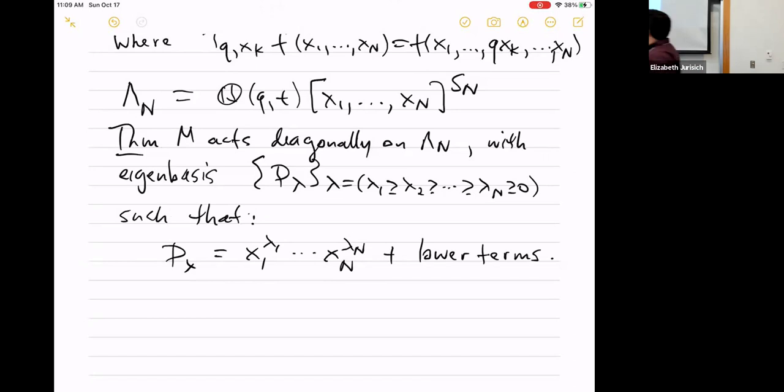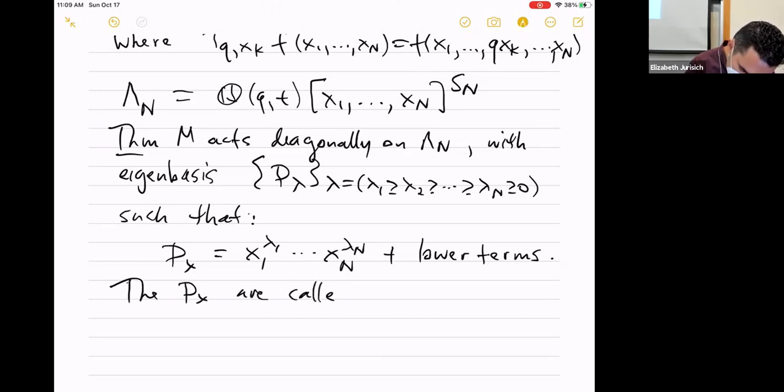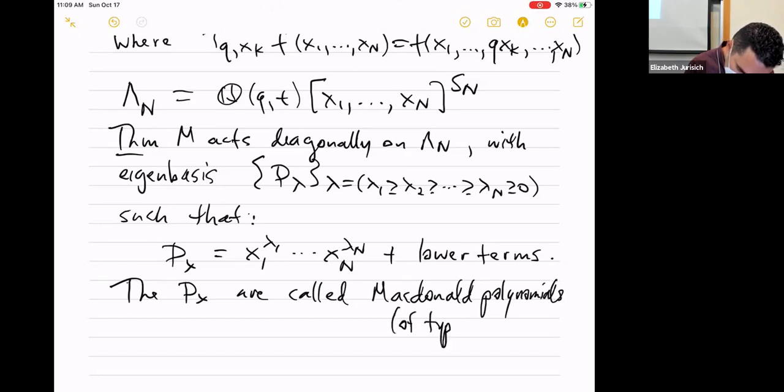Okay. So these are called Macdonald polynomials, the P_lambda, Macdonald polynomials of type A, or really of type GL_n.